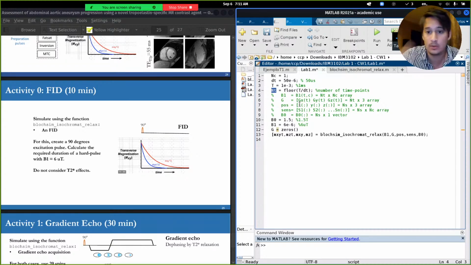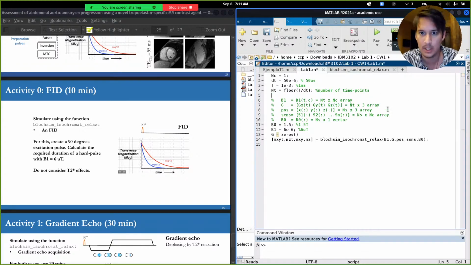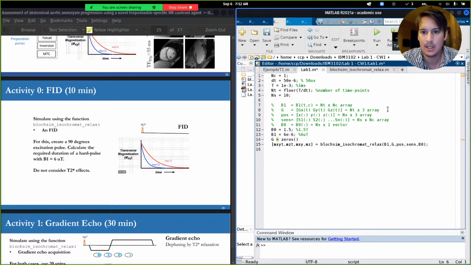You can also do an array of positions. So the number of spins, let's say is 10. And for the positions, what can we do? Let's say that the x of the spins is 0, times the number of spins.